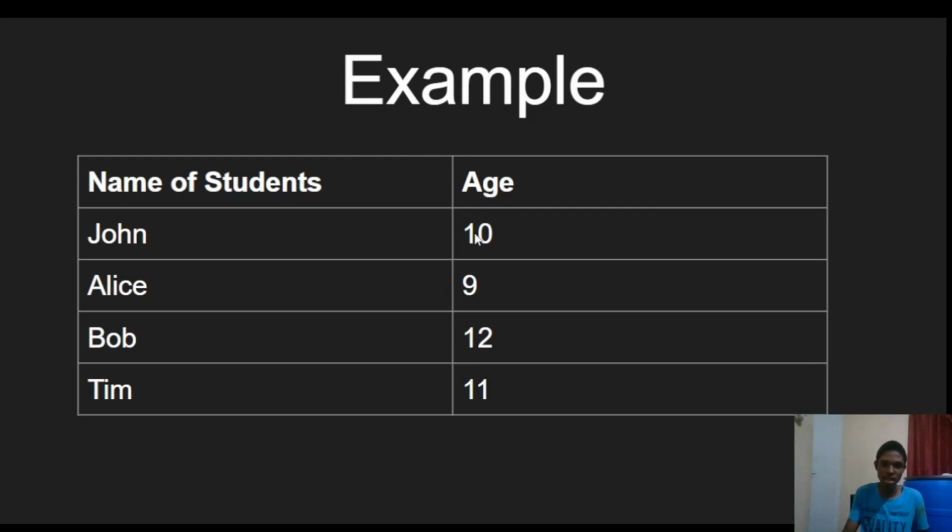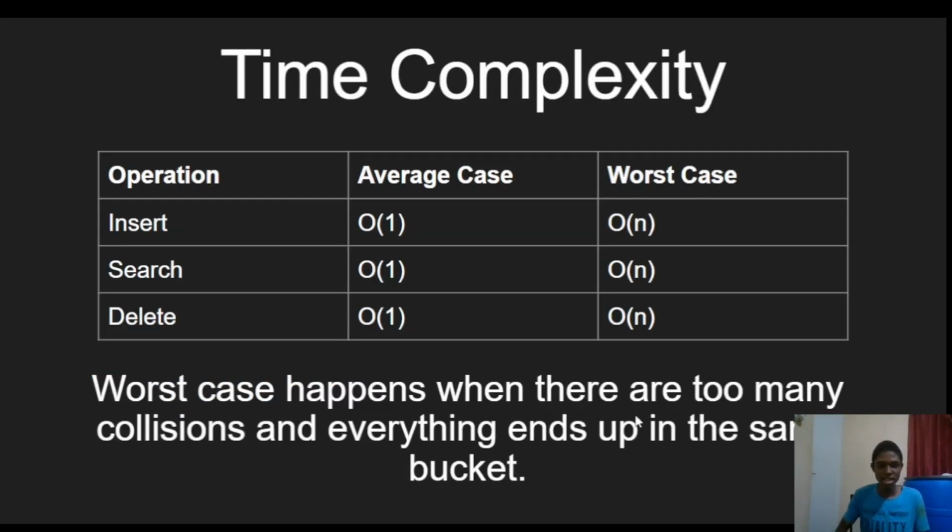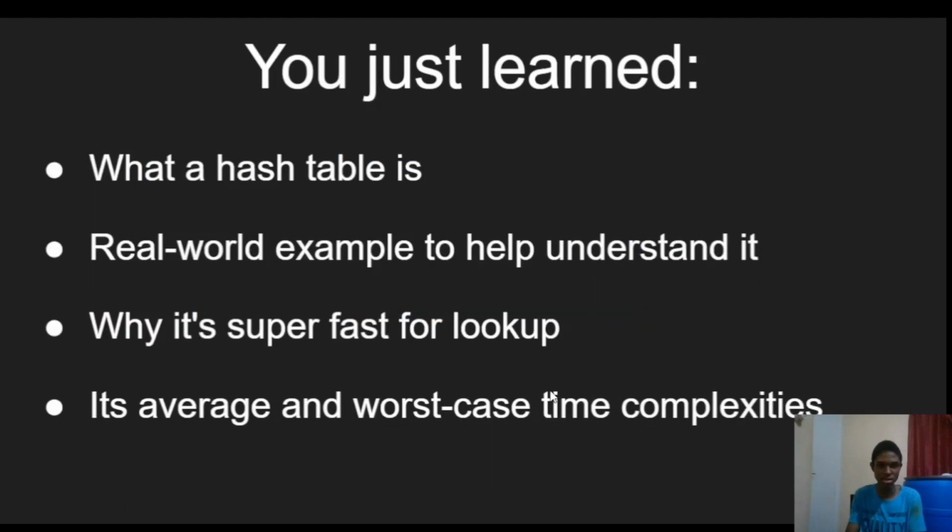The table could have his age, and it could also have the school which each student attends. Since John would be the key, and he has multiple values, we don't want to overwrite his age. So the worst case scenario could happen if we do not handle collisions for the hash table.